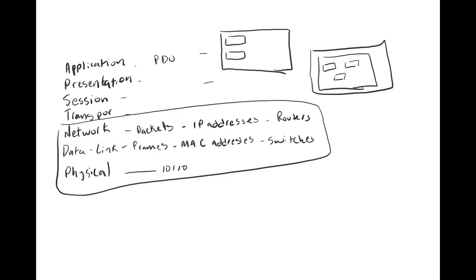Another thing we spoke about was how the MAC address gets changed as the frame moves throughout the network. So let's go over that real quickly. This computer's IP, we're going to say, is 1.1, and the MAC address is AA.